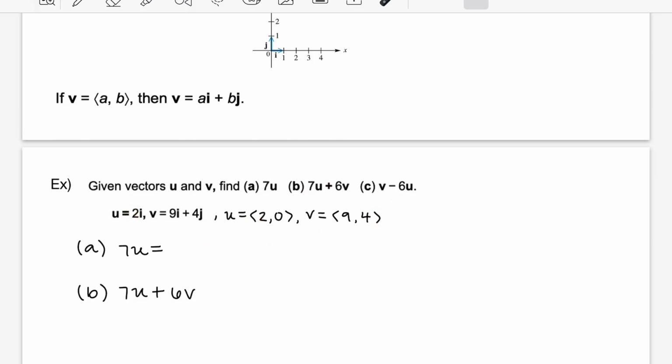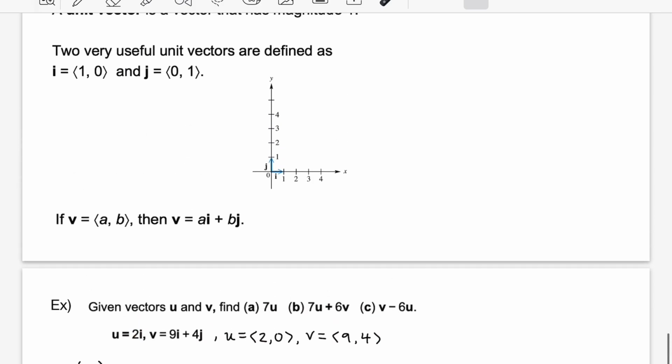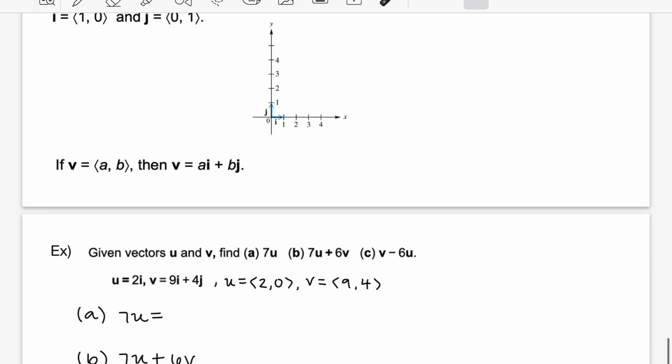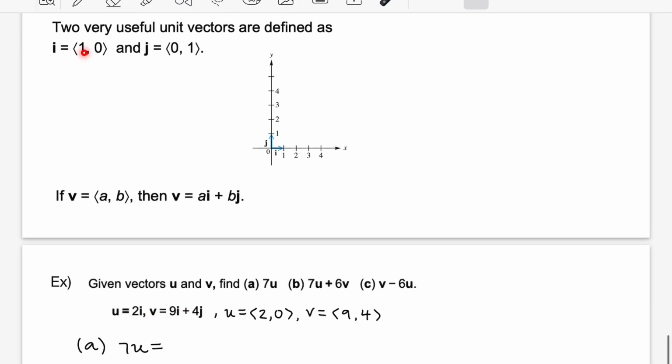Our vector u is going to be 2i. So remember, i is going to be 1, 0 here. So this means we don't have a vertical component. So that's why we have 0 in this case for b. And on the other hand, our v is given by 9i. So that means our horizontal component is just going to be 9, and then plus 4j, so our vertical component is just going to be 4.